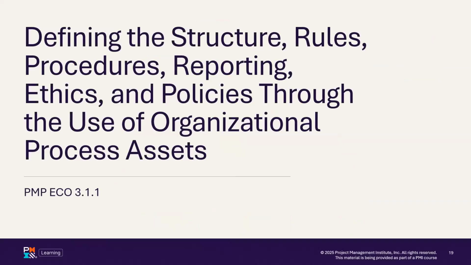Now, the first part of defining and establishing governance is also defining the structure, the rules, procedures, reporting, ethics, and policies. In most cases, this will be established as part of the organization. The organization has a structure, rules, procedures, reporting, policies, and ethics.